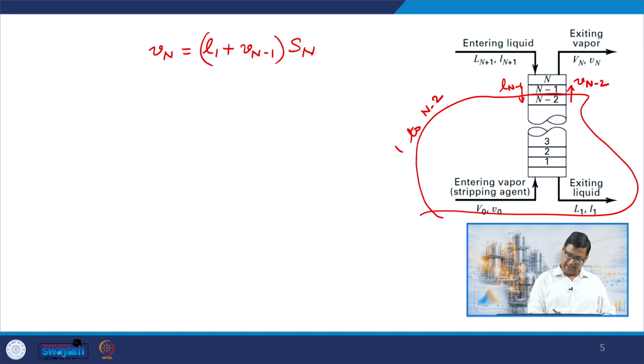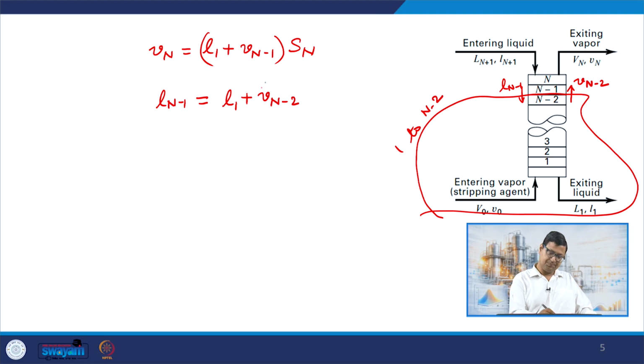We therefore have something like: what is entering is L n minus 1, which is equal to L1 plus V n minus 2. Now we apply the same logic we used earlier.